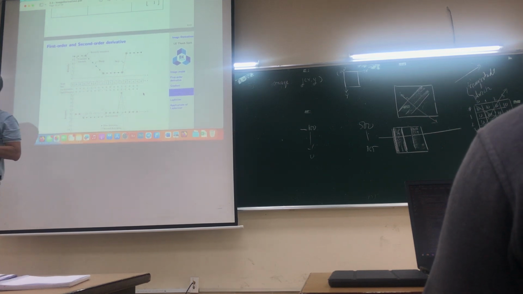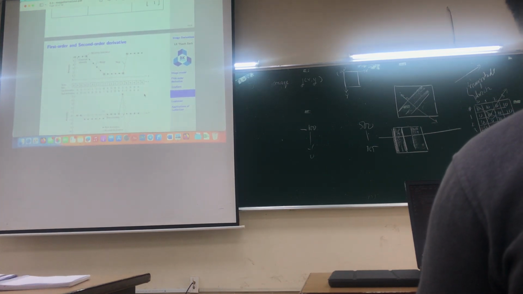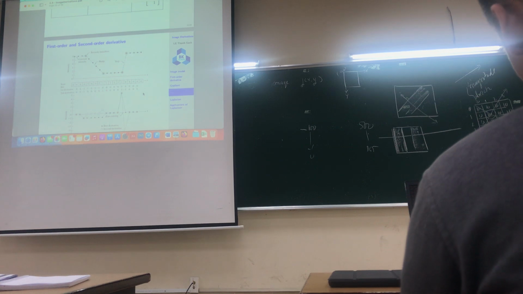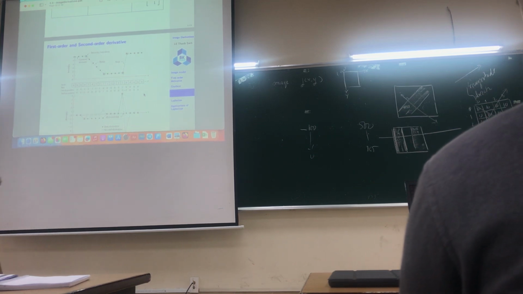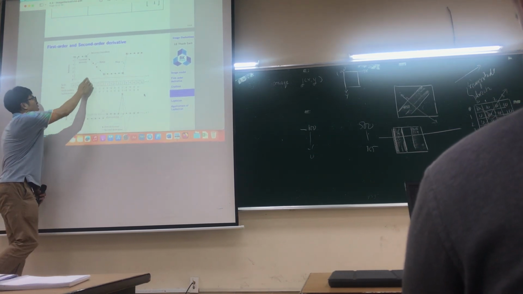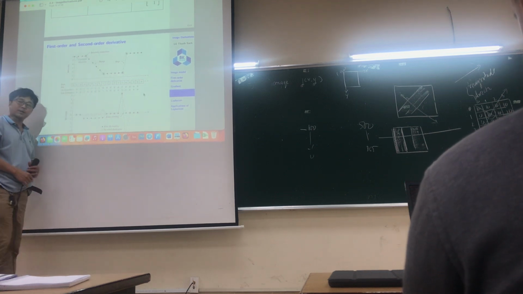That is the property: if you use first order, you can detect that. Previously, when you zoomed in, you could see the edge is very wide, thickness like this. Yeah, 1, 2, 3, 4.